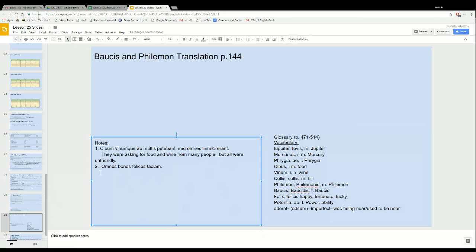No. Okay. Well, because why? Faciam is singular, and omnes, plural. Right. So they don't match up. So what is our subject? It's included in the verb. So what is our subject?